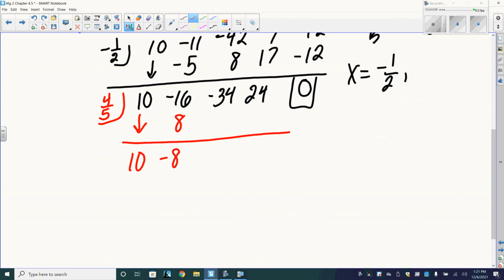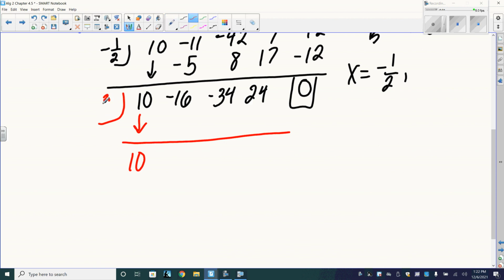And then we would do 4/5 times negative 8. Is this going to get 0? No. If we had fractions or ways that the numbers would eventually work out, then yes, but this here is not going to get us closer to 0. So 4/5 doesn't work.